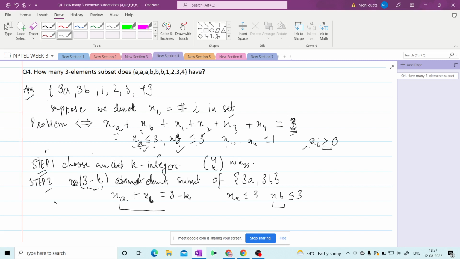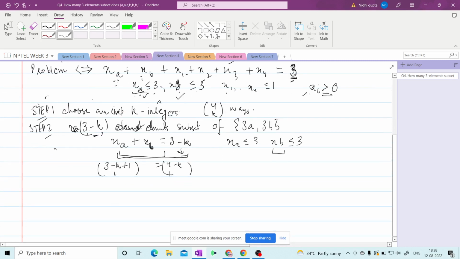So this is basically calculating weak compositions, and the number is 3 minus k plus 1 choose 1, which is 4 minus k choose 1.